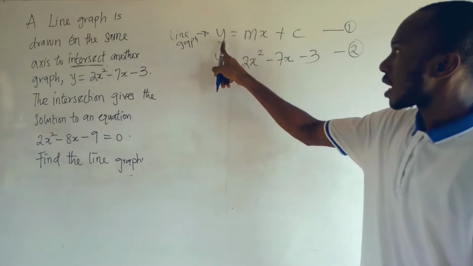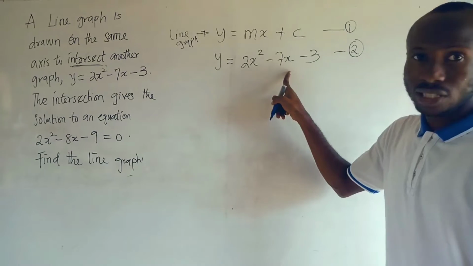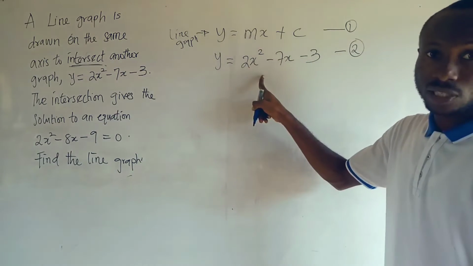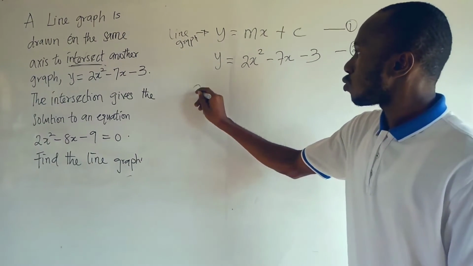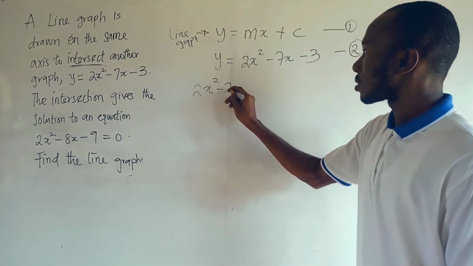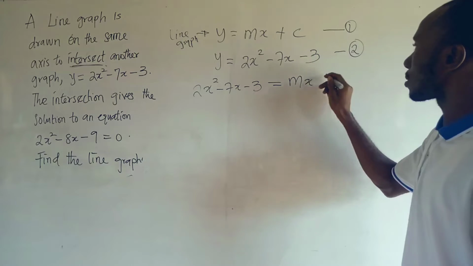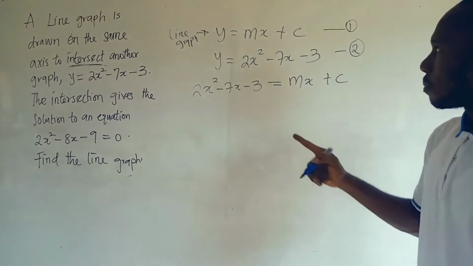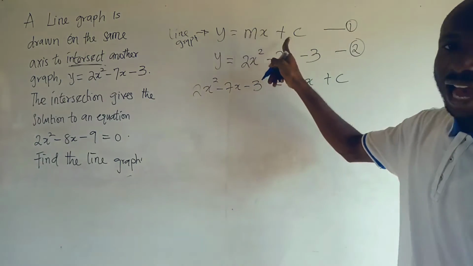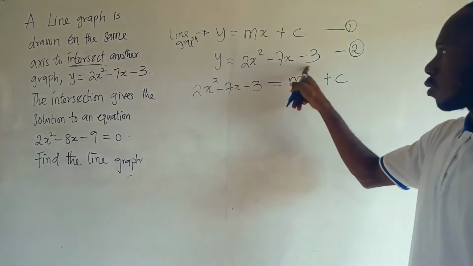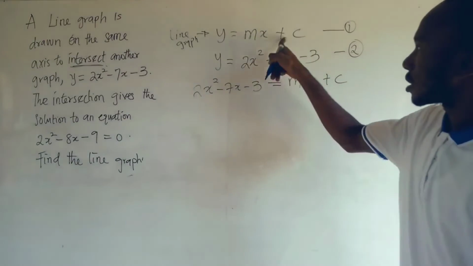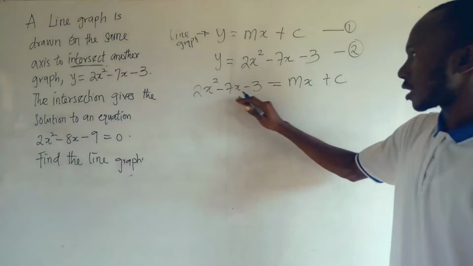So I can go ahead and say 2x² - 7x - 3 = nx + c. How do I know? Because y is equal to this quantity and the same y is equal to this quantity. Therefore, these two quantities must be the same.